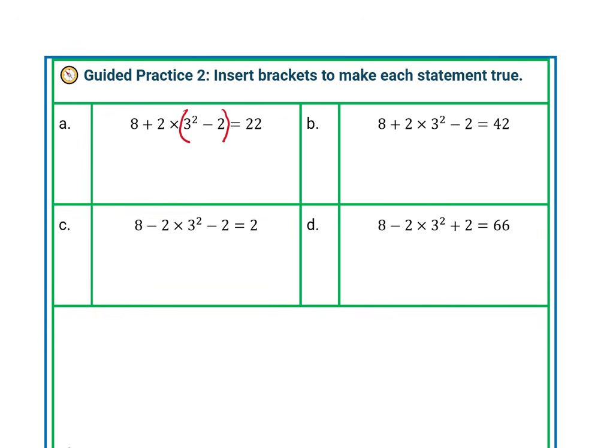Now, if I put the brackets there, then the equation becomes 8 plus 2 times 3 square is 9 minus 2, right? Which is 7. Now, 8 plus 2 times 7 is 14, correct? That gives you 22. Do you see that?